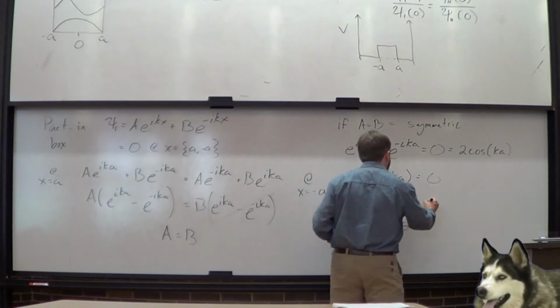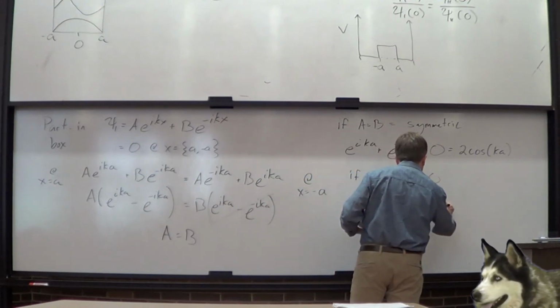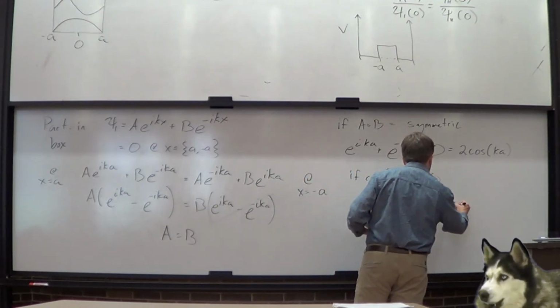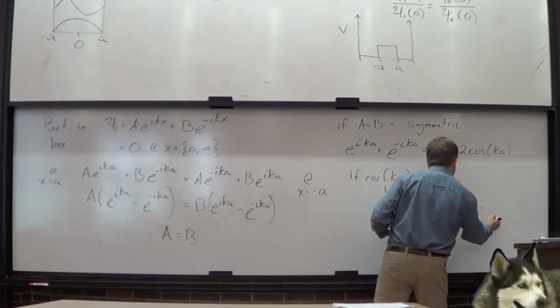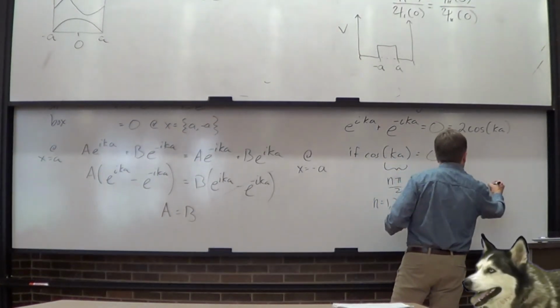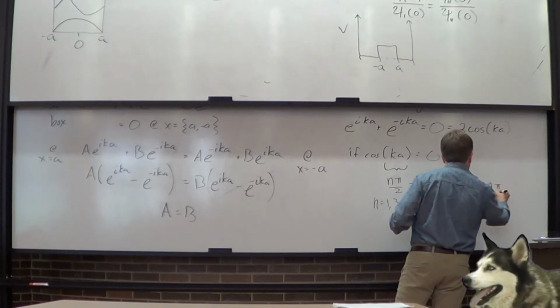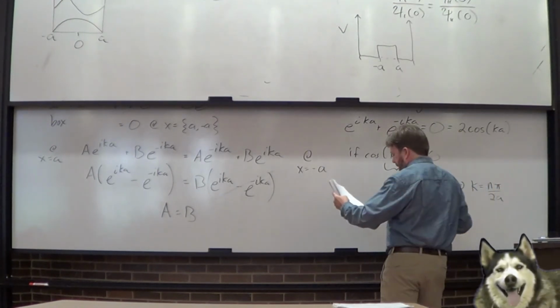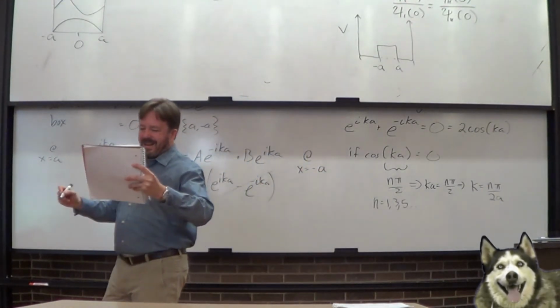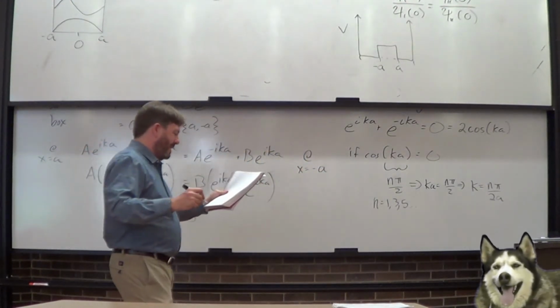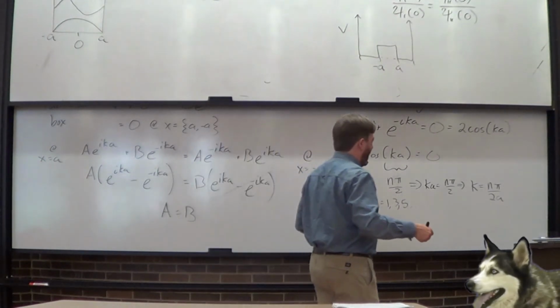Okay, so that's therefore, if Ka is equal to n pi over 2, therefore K is equal to n pi over 2a. Let me make sure I did that right. I think that's right. N pi over 2a, right.